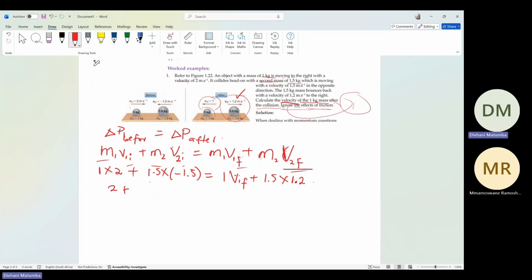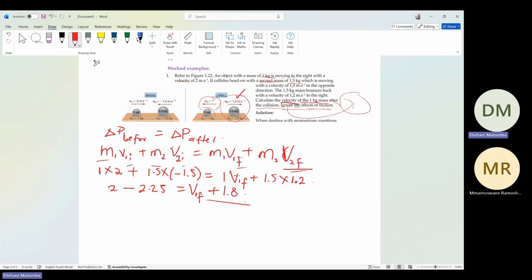So we have 2 plus 1.5 times negative 1.5, which gives 2.25, equals 1 times V1 final plus 1.5 times 1.2, which gives 1.8.